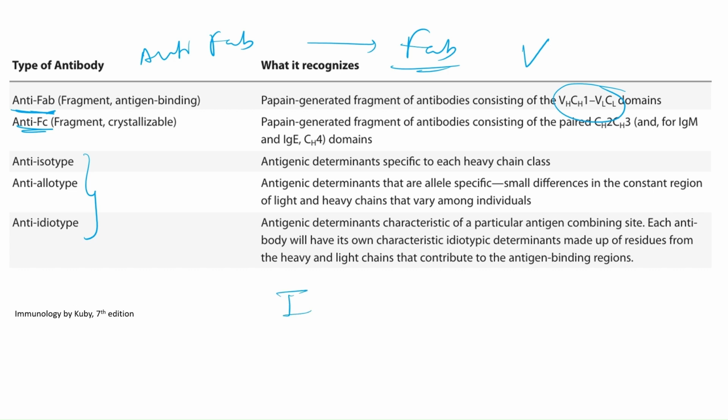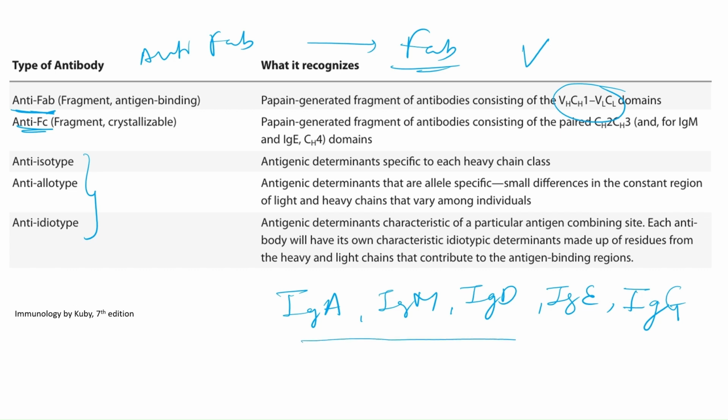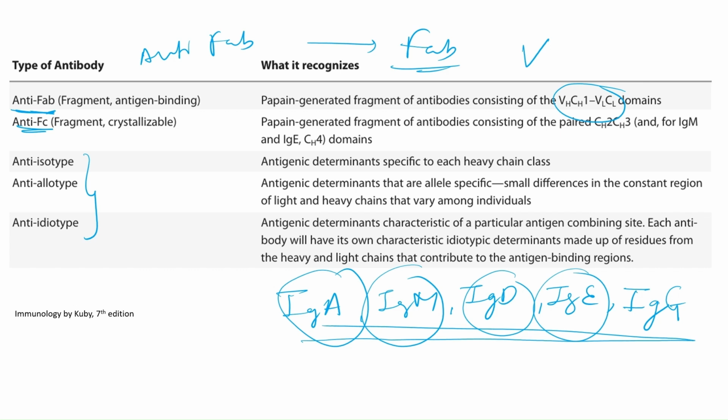Anti-isotype means these antibodies: IgA, IgM, IgD, IgE and IgG. These are isotypes of each other. IgA is one isotype, IgM is one isotype, IgD is one isotype, IgE is one isotype. So these are all isotypes. What is allotype?